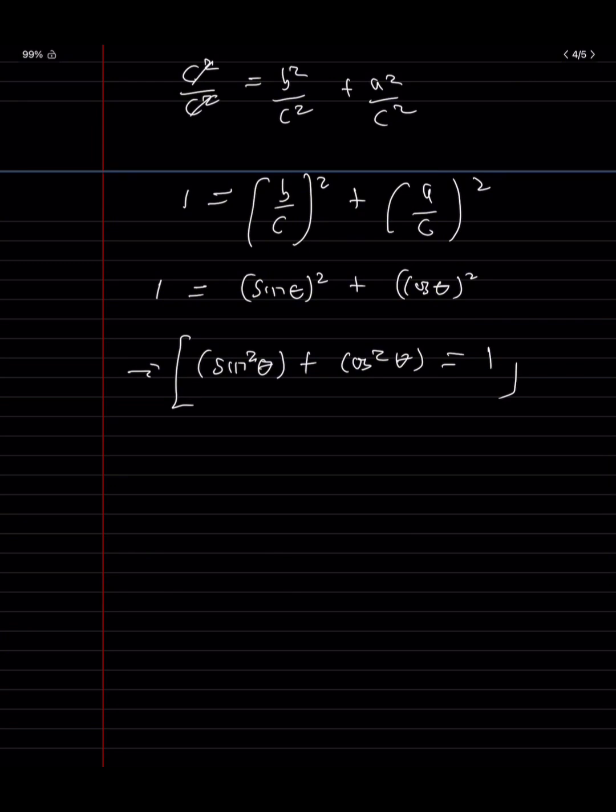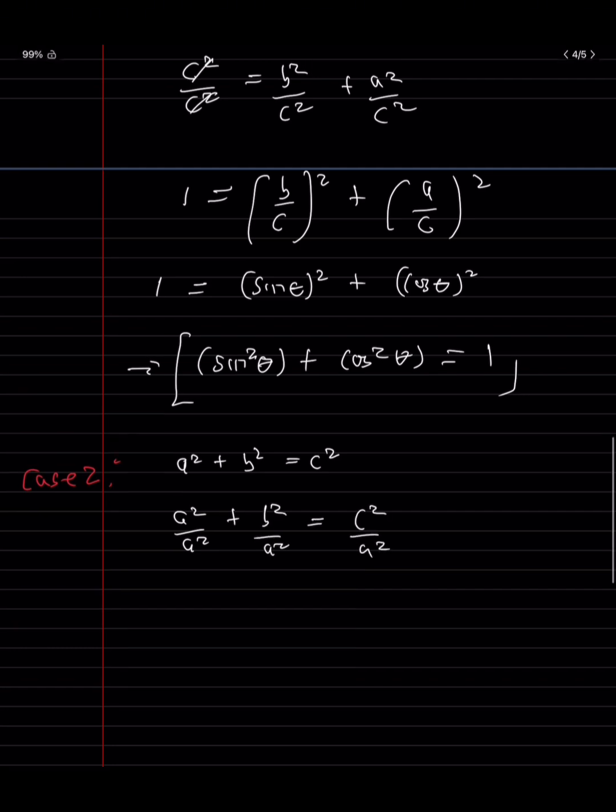So let's look at the second case. For the second case, we are going to divide both sides by a squared. If we have a squared plus b squared equal to c squared, dividing both sides by a squared, we get a squared over a squared plus b squared over a squared equal to c squared over a squared.